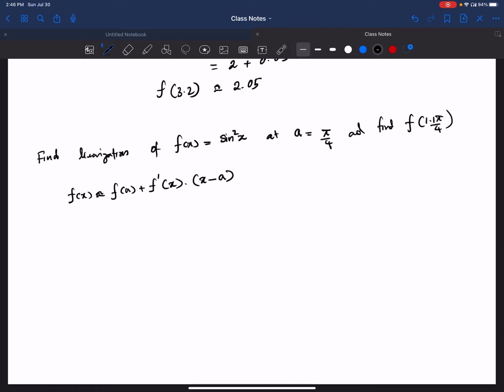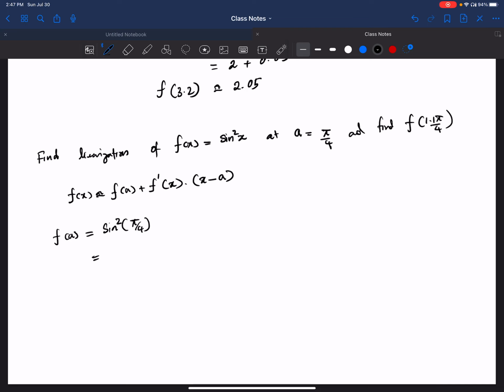This is how we're going to approximate the function. f of x is approximated by this near x equal a. Now for this function, f of a is sine squared pi over 4.